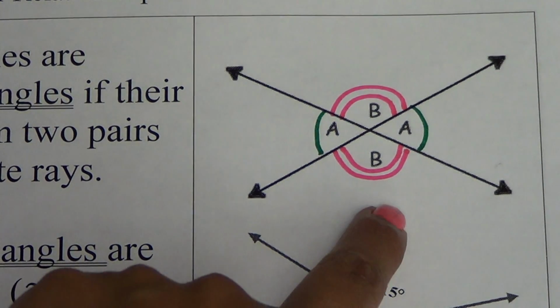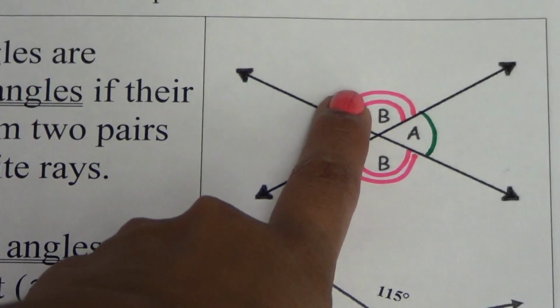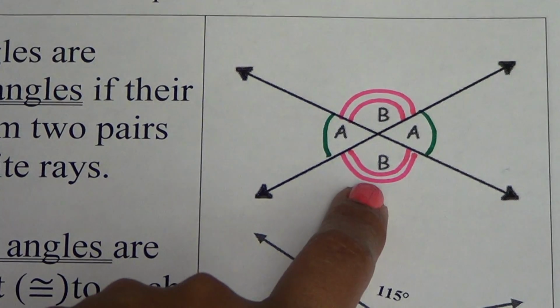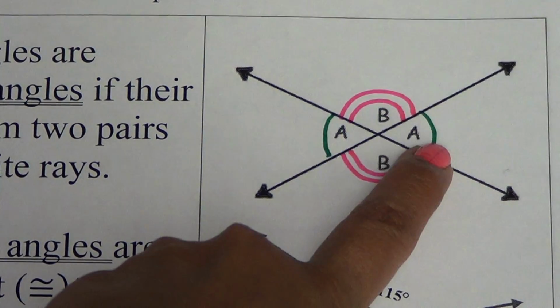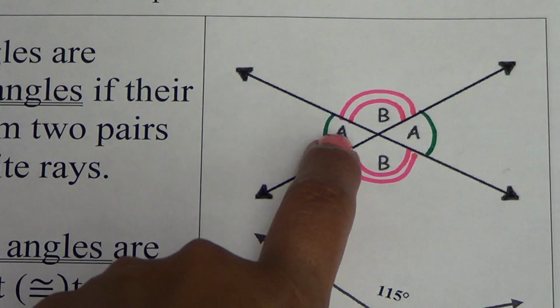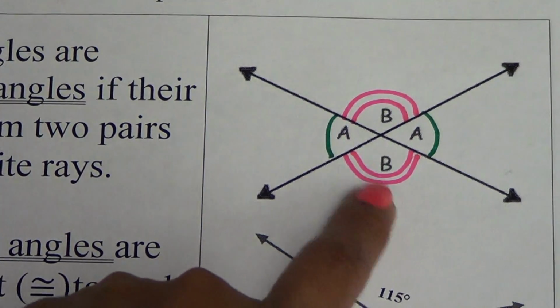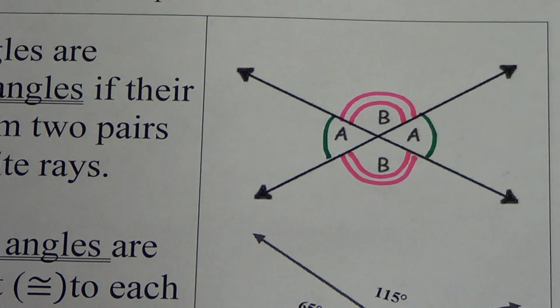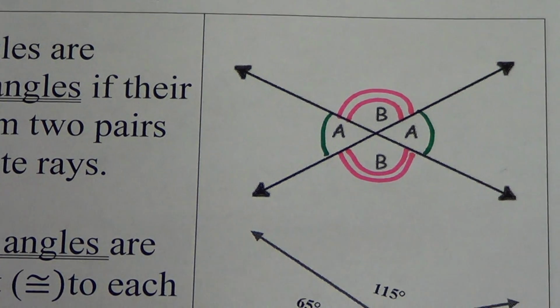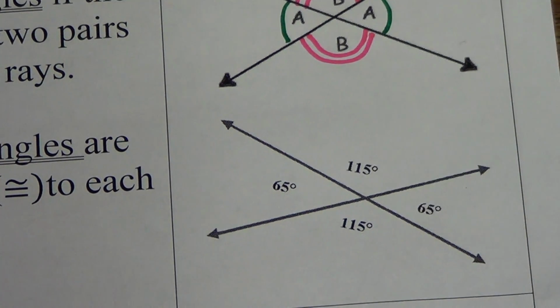And that's how we show congruency in geometry when looking at an angle. You see how I did a double arc here? So that means that both of these are double arcs, so they have the same measure, and that these have a single arc, so they have the same measure. So this would be vertical angles, and then these two would be vertical angles. And again, the most important thing to know is that these angles are congruent. Here we can also show this.